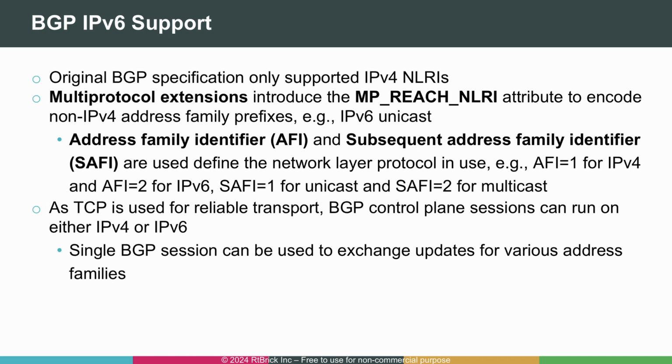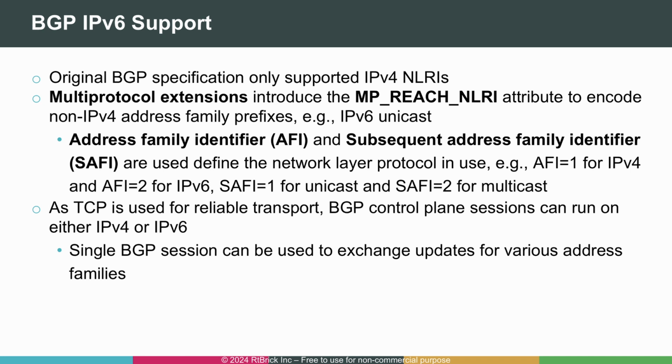RFC 4760 defines multi-protocol extensions that can be used to exchange routing information for non-IPv4 unicast prefixes. Two new path attributes are defined, the multi-protocol reachable network layer reachability information and the multi-protocol unreachable network layer reachability information.